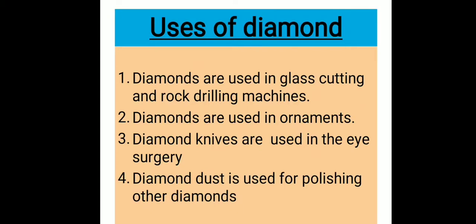A question may be asked which diamond is used in rock drilling and glass cutting. So, you have to give the answer that cheap diamonds are used in glass cutting and rock drilling machines.